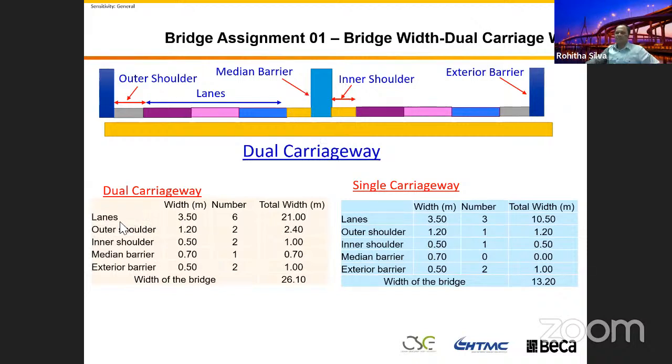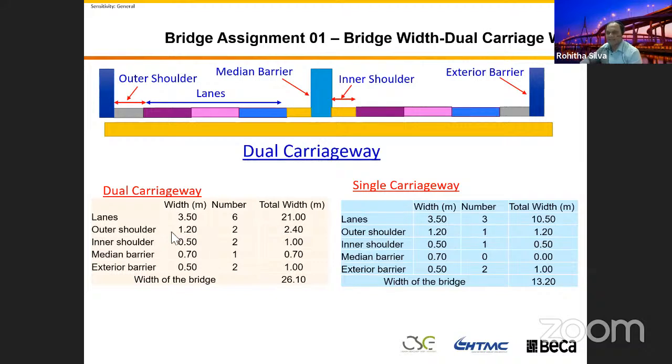inner shoulders. You can see in this table, number of lanes: lane width is 3.5, number is 6. That totals 21 meters. Then the outer shoulders, there are always 2 outer shoulders because of the edge barriers. The width is 1.2, which the road designers will give you.